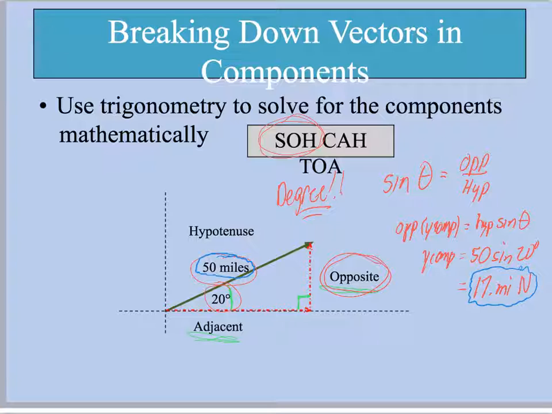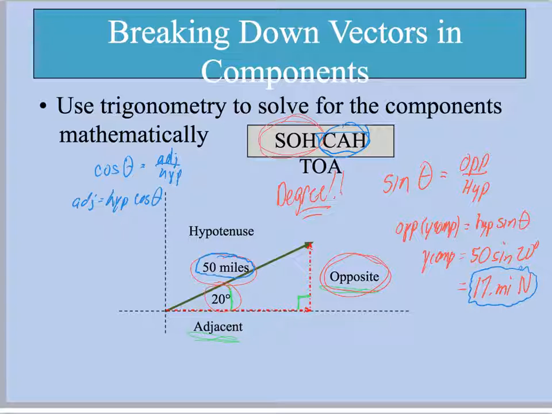Yeah, we could use the cosine function, which says that the cosine of the angle is equal to the adjacent side divided by the hypotenuse. And of course our cosine theta times our hypotenuse is going to give us our adjacent side.